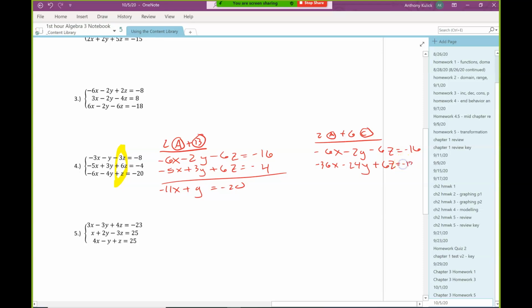And 6 times negative 20 is negative 120. So I have negative 42x minus 26y equals negative 136. Put those together into our new system.